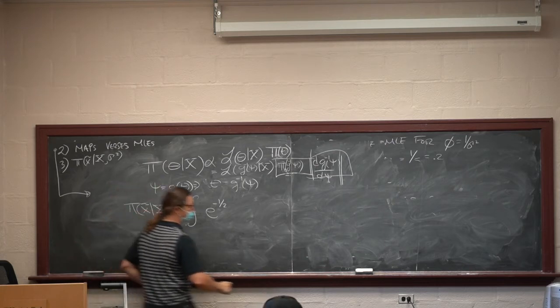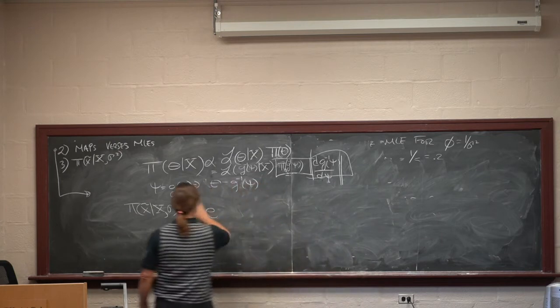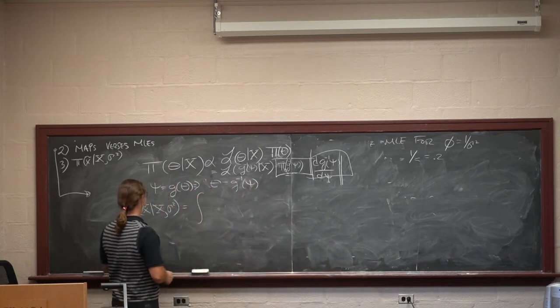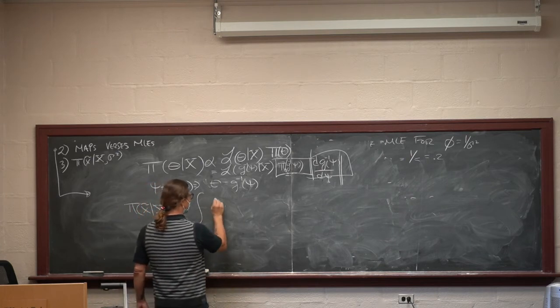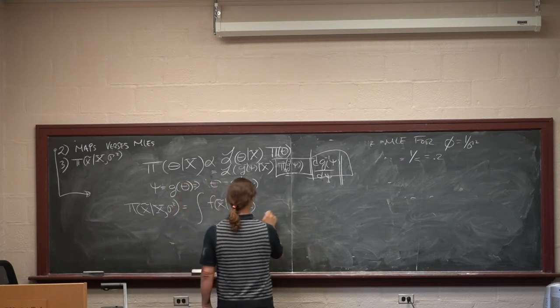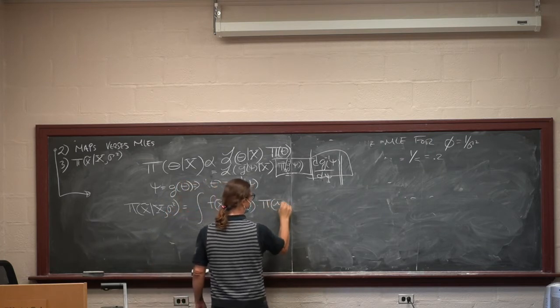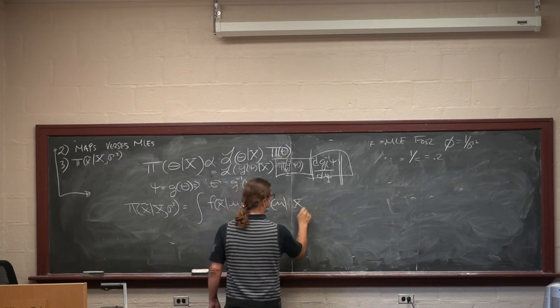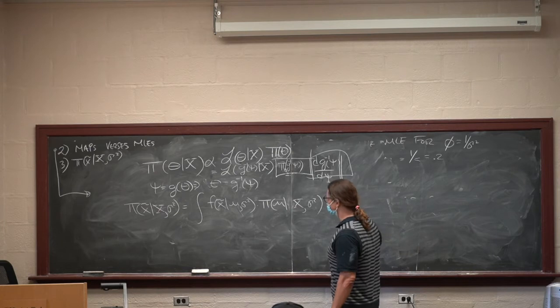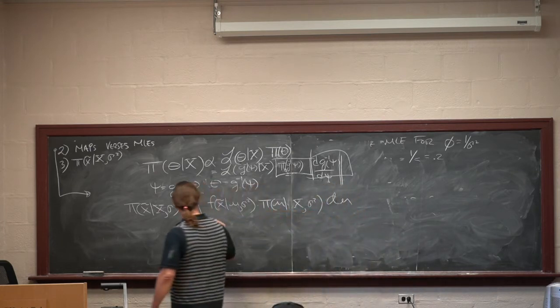So I'll write this down in its full-blown glory just so that I can make sure we're all on the same page. This is going to be f of x tilde given mu, sigma squared, times pi of mu given x, the posterior distribution, d mu, negative infinity to infinity.